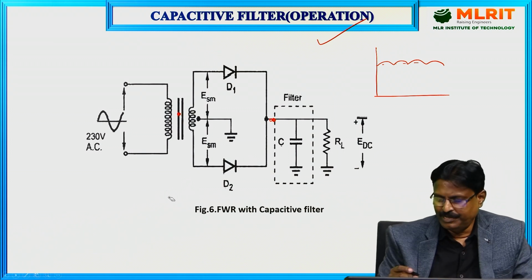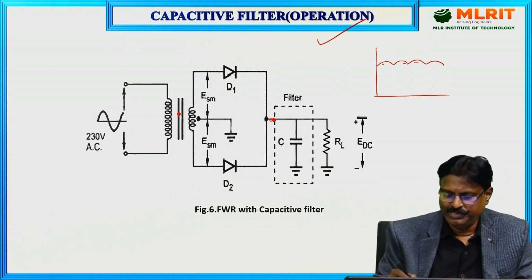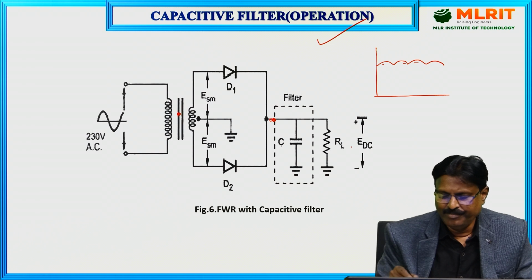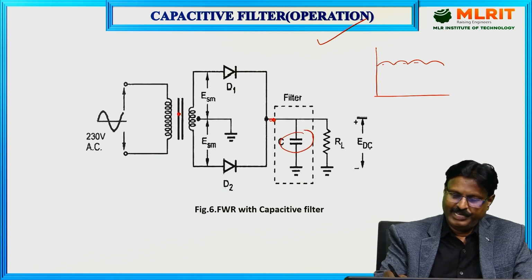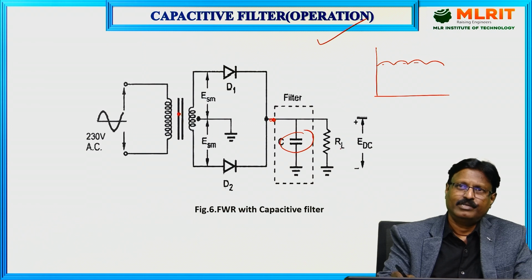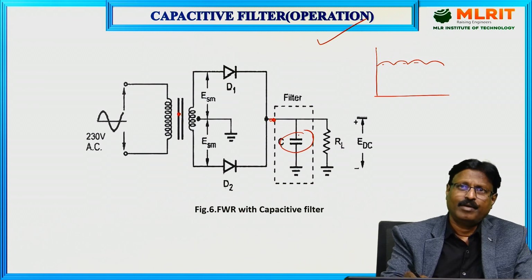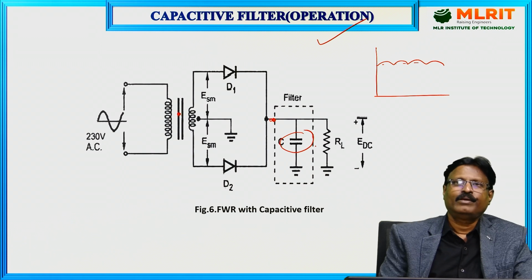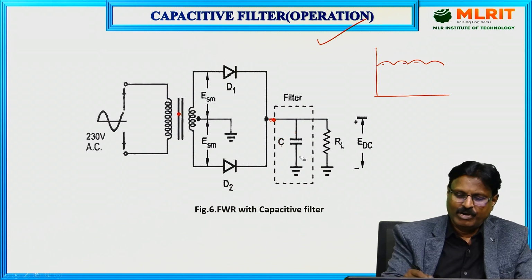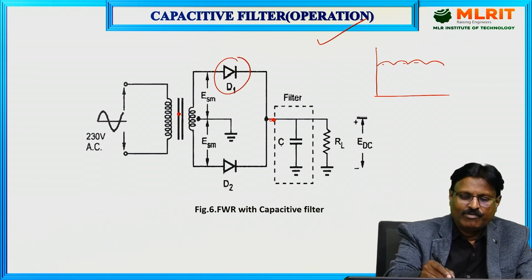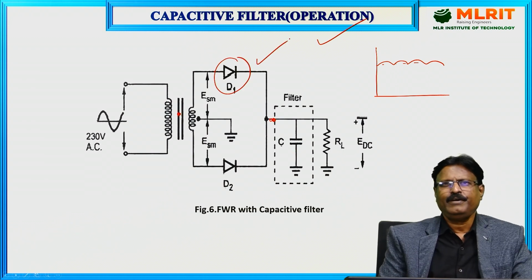as you can see here, the output voltage EDC is nothing but the voltage across the capacitor C. The output voltage EDC is nothing but the voltage across the load resistance RL, which is nothing but the capacitor voltage. Okay, so the capacitor charges whenever the diode D1 is forward biased.